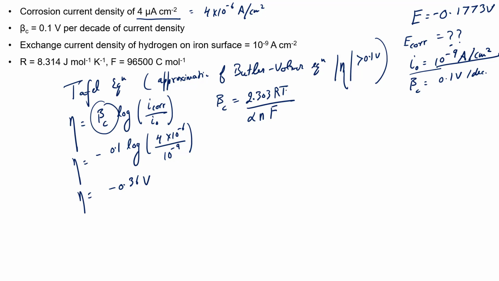T is absolute temperature, R is the universal gas constant, alpha is the charge transfer coefficient, n is the number of electrons taking part in the reduction reaction, and F is Faraday's constant. Right? So here we get the overpotential value.